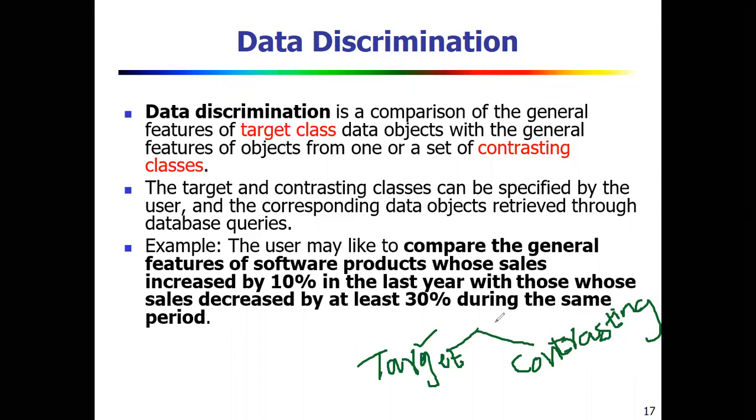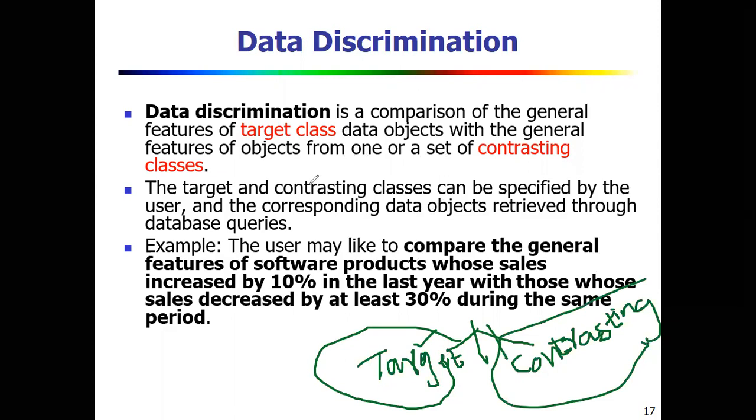A comparison is performed between target and contrasting classes. So data discrimination is a comparison of general features of target class data objects with general features of objects from one or a set of contrasting classes.